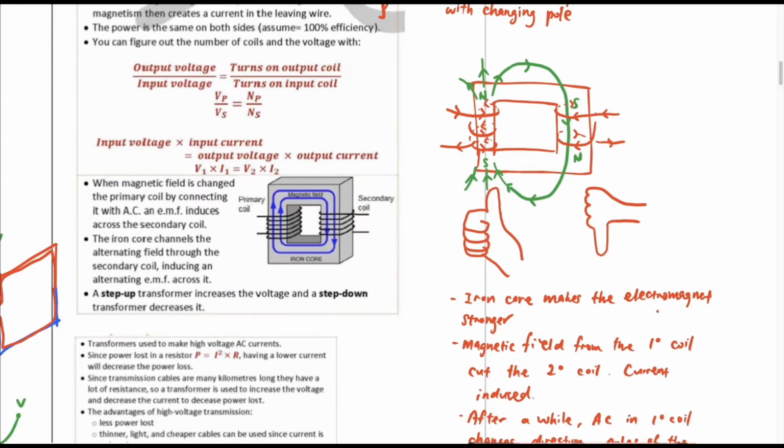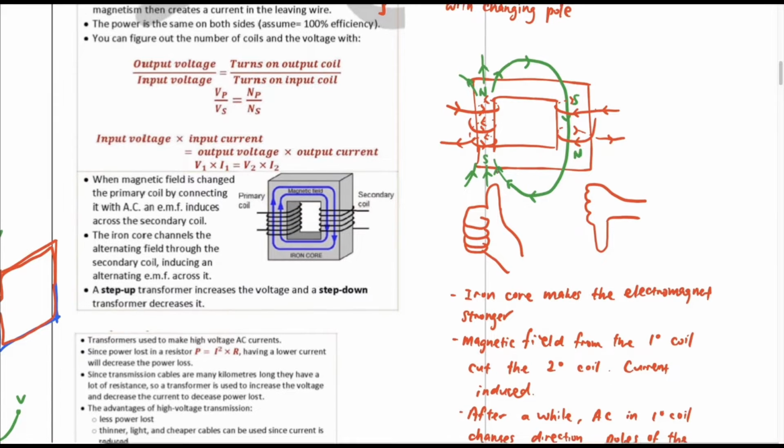We don't use any magnet, we just use an iron core. We don't put a magnet here. We put a piece of iron here, and the magnetic field is formed because there is current flowing in the coil. The current that flows in the coil forms electromagnets, and electromagnets form magnetic field.